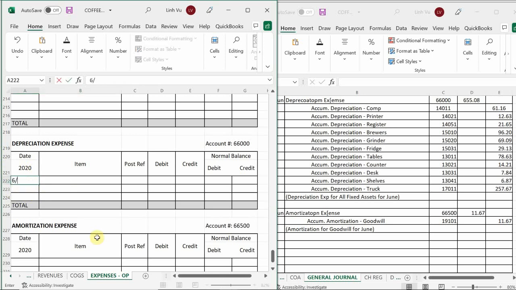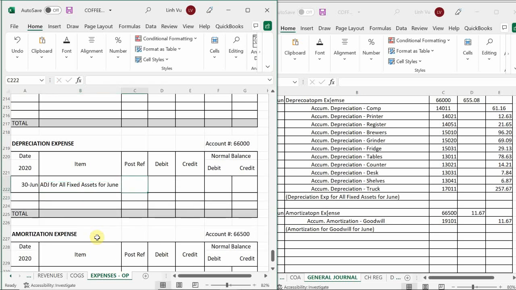So again, you can put in here adjustment entry for all fixed assets for June. You can list out all your fixed assets: furniture, equipment, office equipment, and vehicles. It doesn't really matter. That's your description.